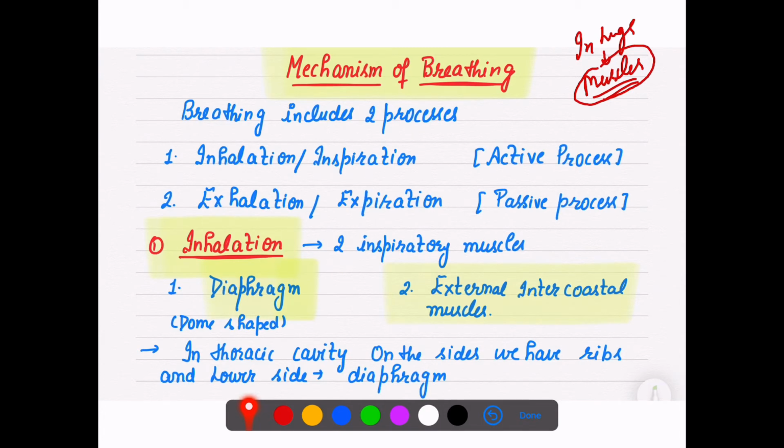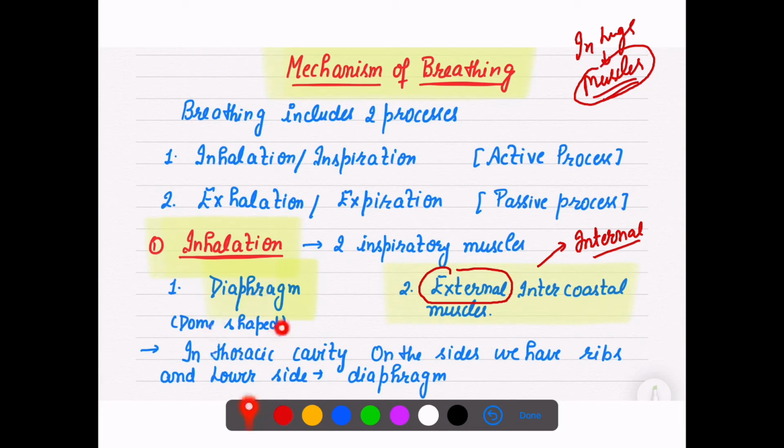So these are called inspiratory muscles. First we will talk about the diaphragm, and then the intercostal muscles which are present in the ribs. Ribs have two types of muscles, external and internal intercostal muscles, but here we are concentrating on the external intercostal muscles only.